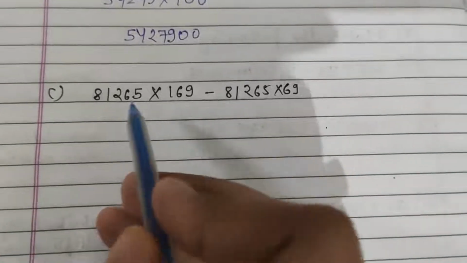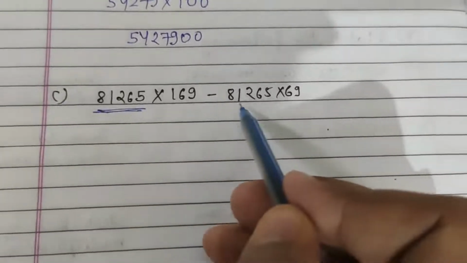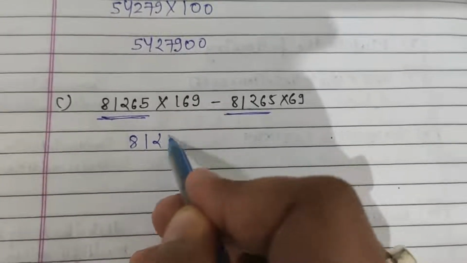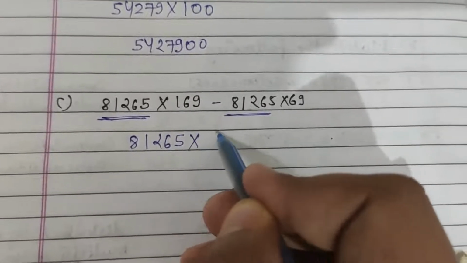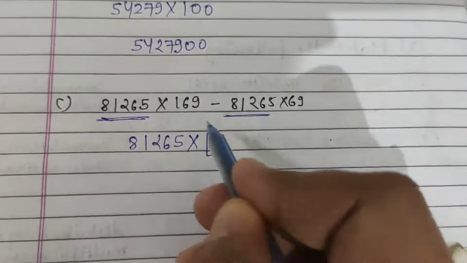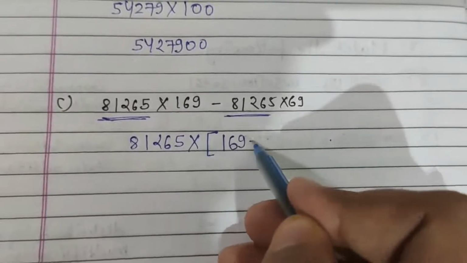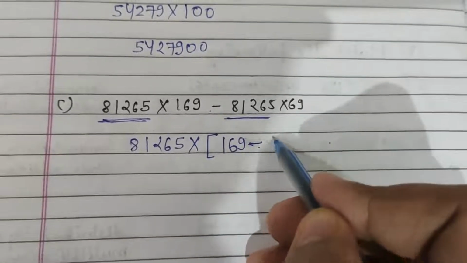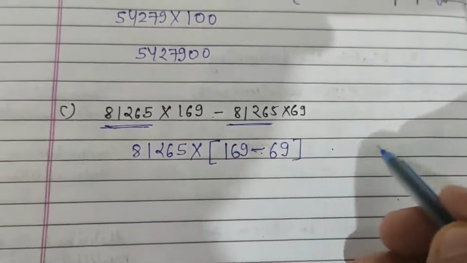C part: you can see 81265, 81265 is common. So take it outside. 81265. Here 169 is left, and here, because there is a minus, we take minus 69.